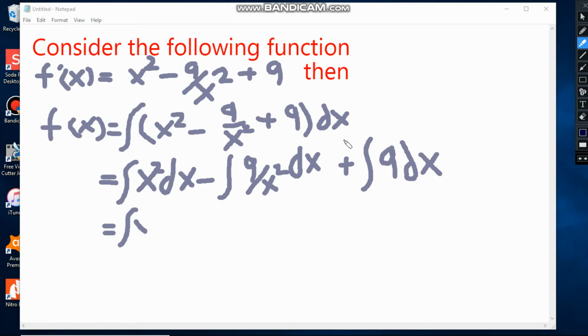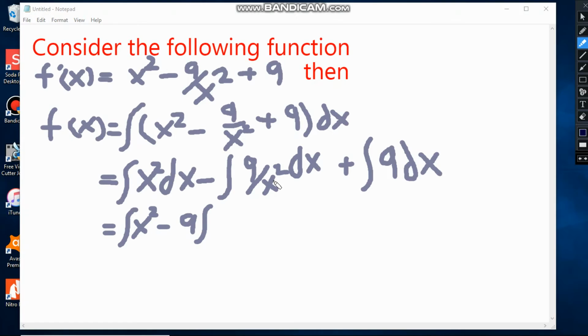Then what do we get? 9 is a constant, we take it out, and 1 over x squared is a rational function. So when we take 1 over x squared to the top, 1 over x squared becomes x raised to negative 2.